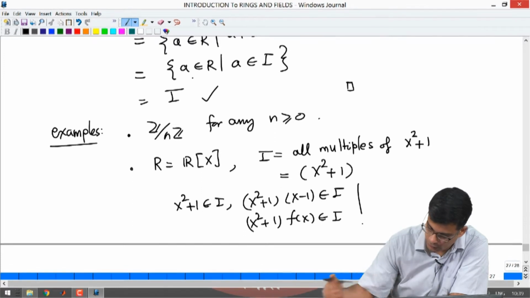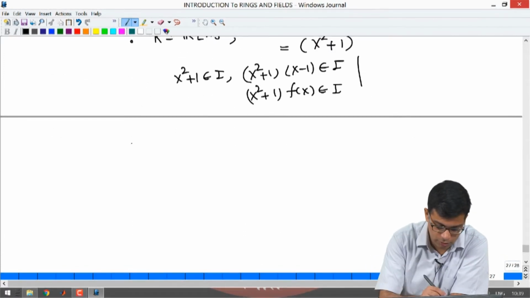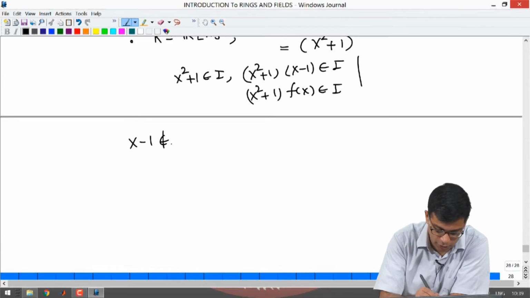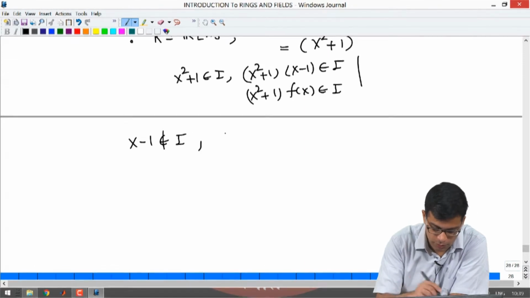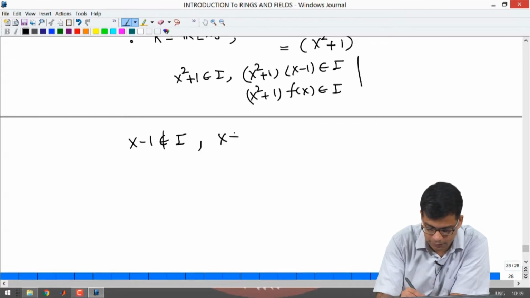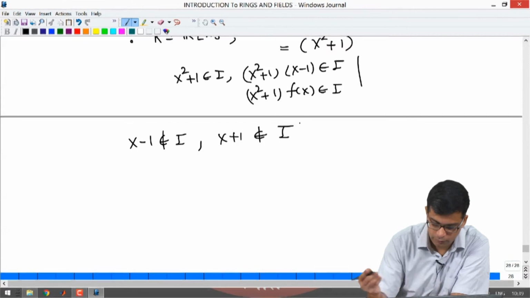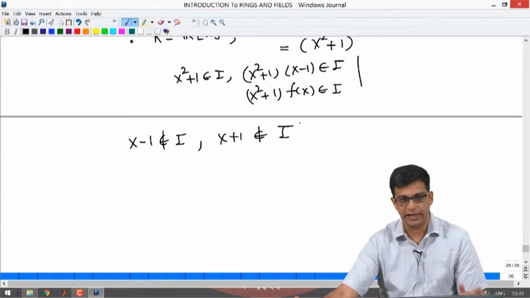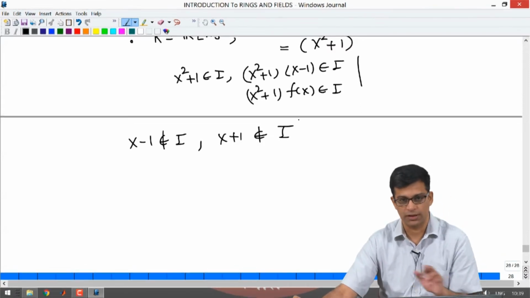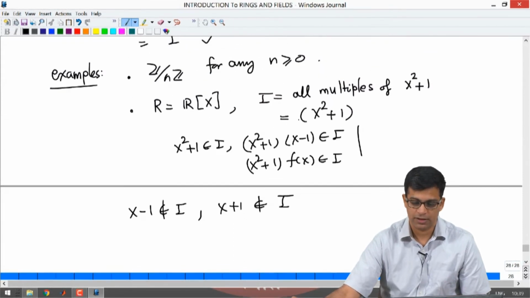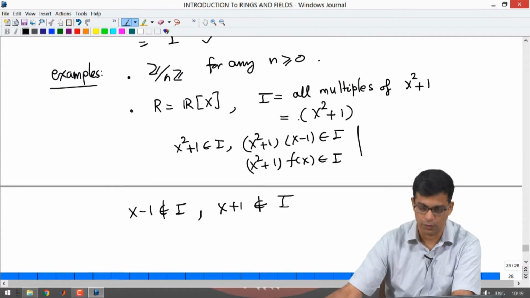But what are not in I? x minus 1 is not in I, because x minus 1 cannot be written as a multiple of x squared plus 1 just for degree reasons. Similarly, x plus 1 is not in I. So, these are elements which are multiples of x squared plus 1.